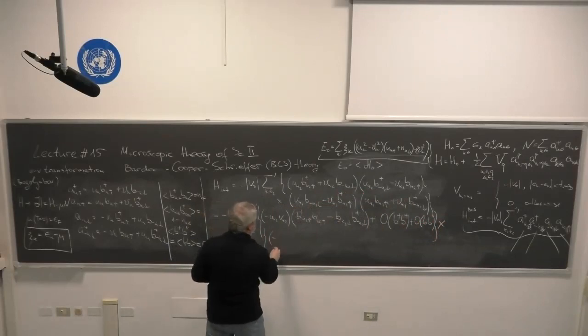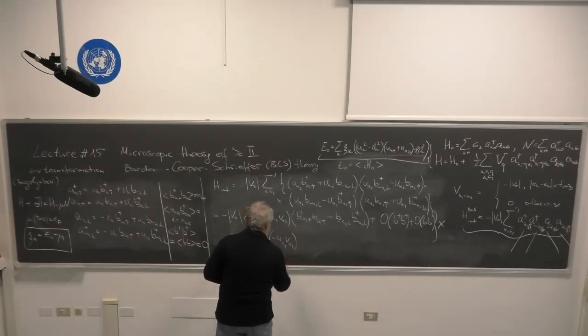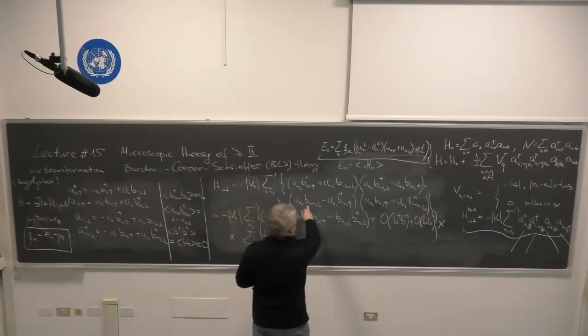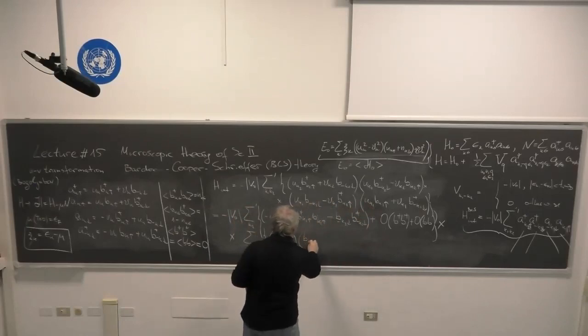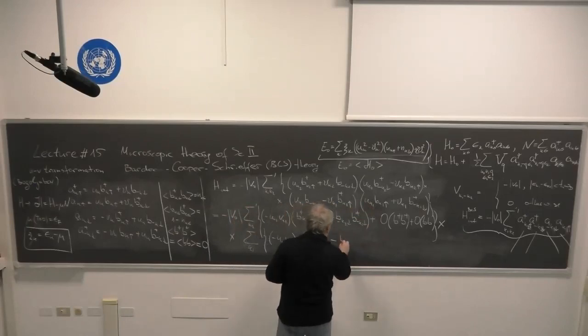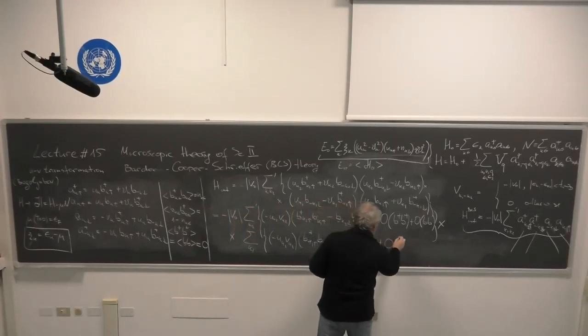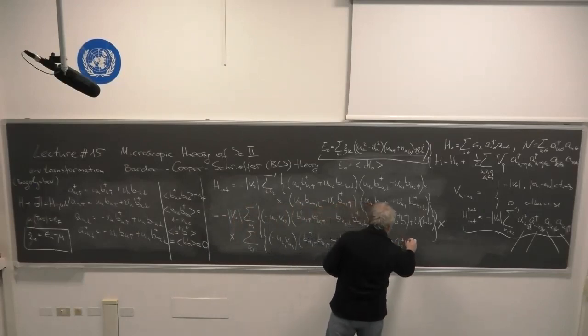I have minus UK1 VK1 here times BK1 diagonal up, BK1 up, minus B minus K1 down, B minus K1 diagonal down, and again plus O B dagger plus O B.